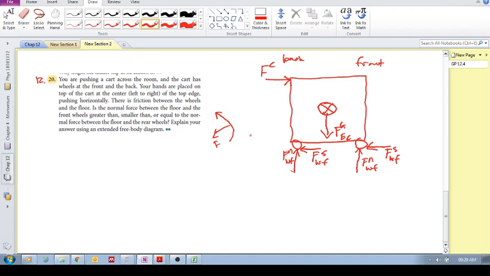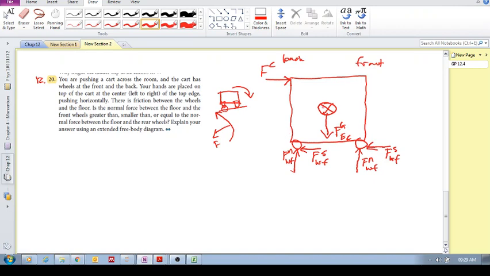Looking at the car from behind, it would tend to tip because there's a torque, and so this one would tend to come off the ground first. So perhaps there's something similar here, and it's to do with torques.